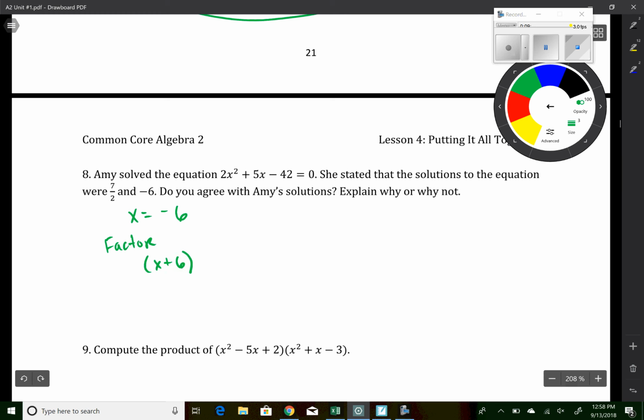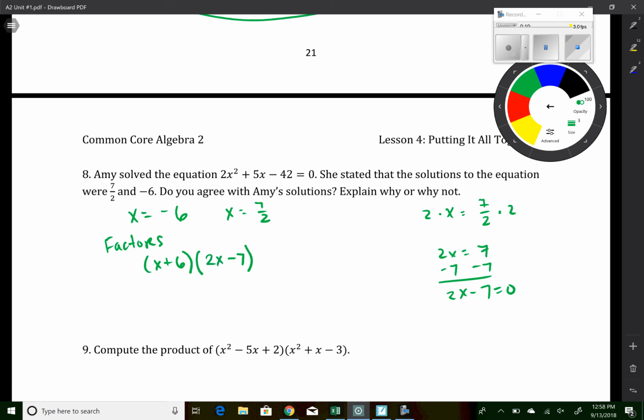Where am I getting that from? Well, if you unsolve that, multiply both sides by 2 and then subtract 7. So if I have x equals 7 over 2, if I multiply by 2, I have 2x equals 7. If I subtract 7, I have 2x minus 7 equals 0. I just found the factor.